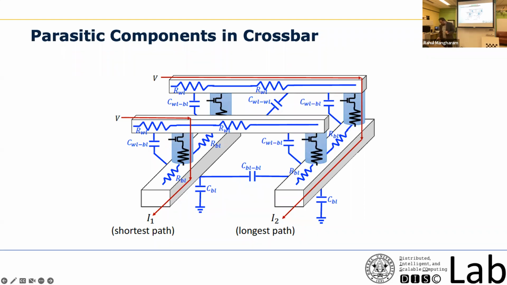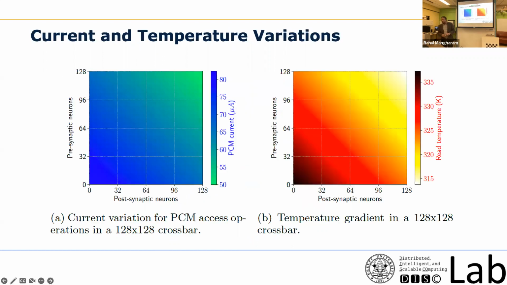Those parasitic components can lead to a lot of variations in temperature. I'm showing here a 128 cross 128 crossbar, and the temperature profile between which connections you are using and how temperature can fluctuate. If you are using connections somewhere over here, temperature is not that bad.